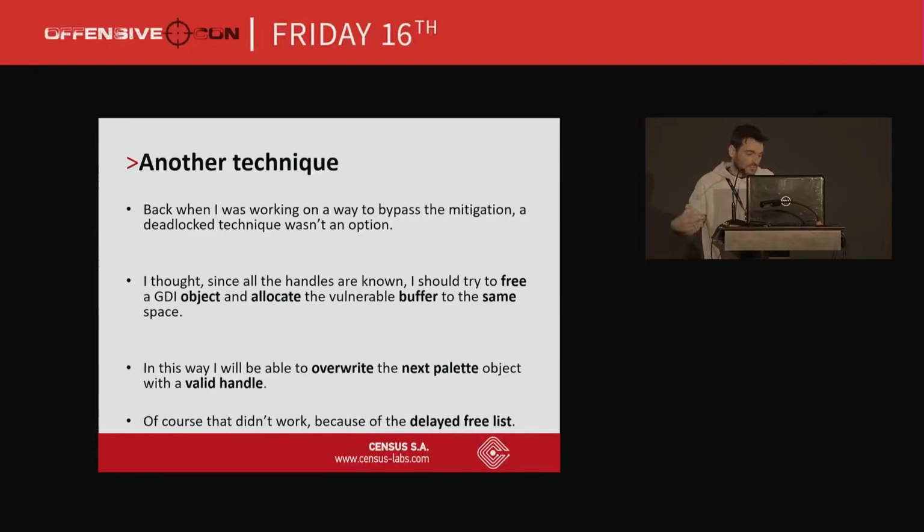So my thought was that since all the handles are known, I should try to free a GDI object and then allocate the vulnerable buffer at the same space. This way, I'll be able to know beforehand the handle of the next object in the heap, so I'll be able to override the next object with a valid handle. So I will avoid all the deadlock stuff. Of course, that didn't work because of the delayed free list.